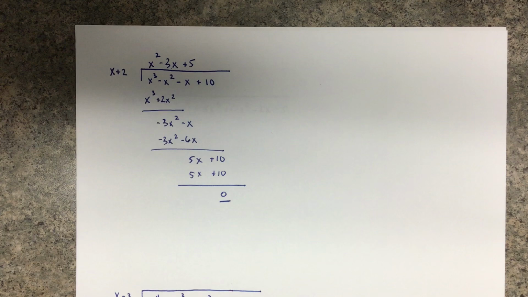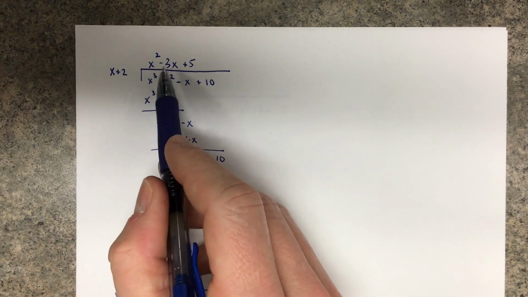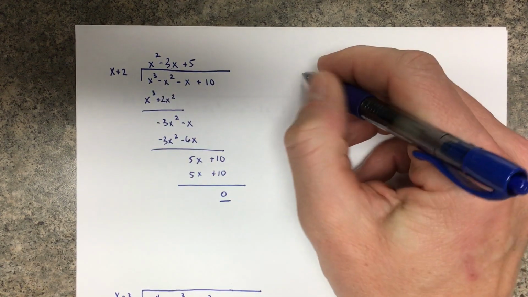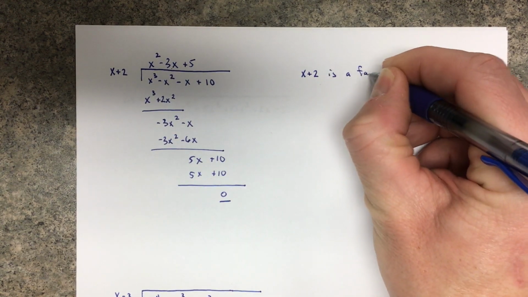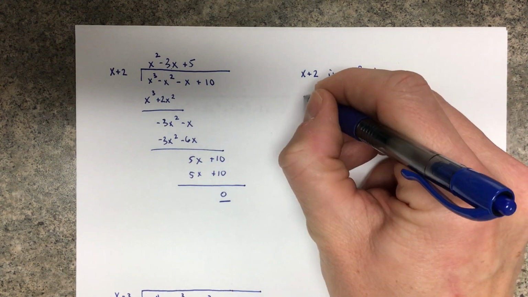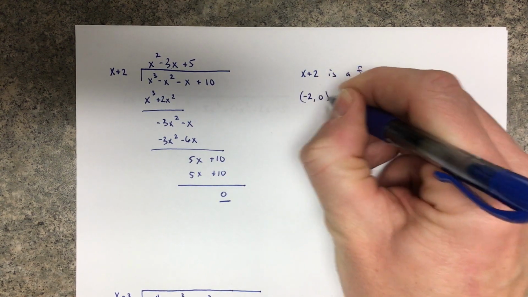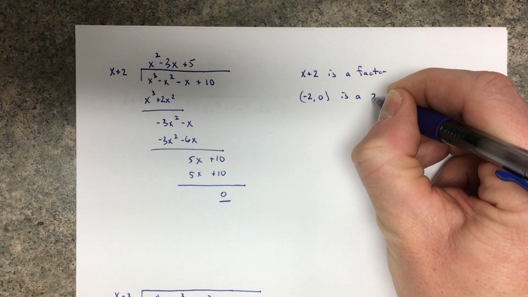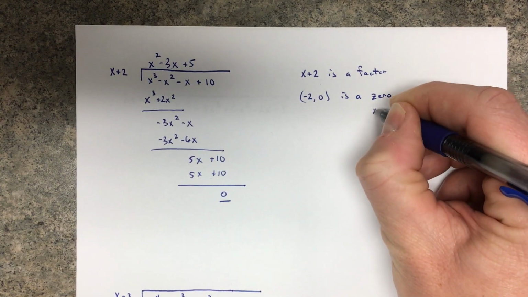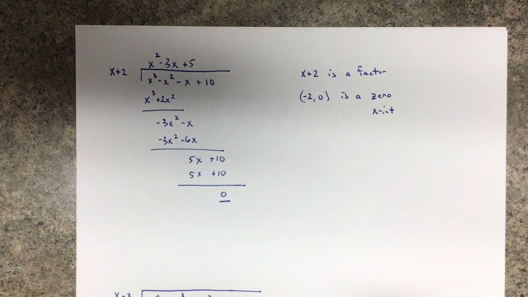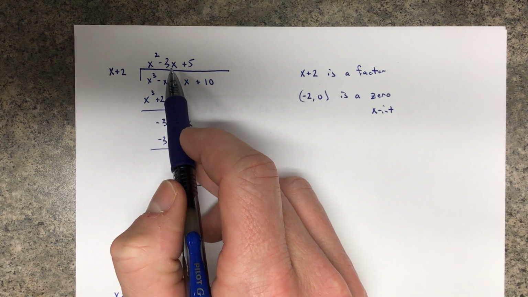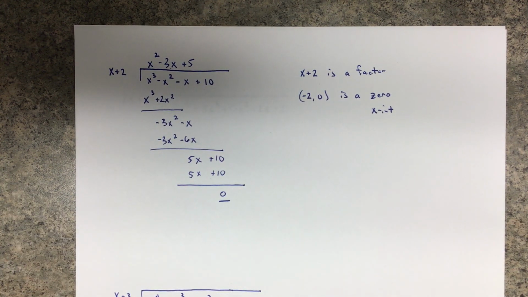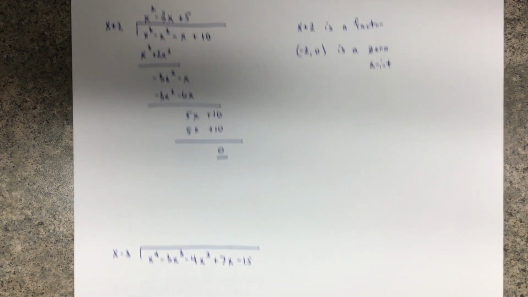And again, when we get 0, we have now shown that x plus 2 is a factor of this thing, which also meant that negative 2, 0 is a 0, which is the same thing as saying it's an x-intercept. Okay? And then if we wanted to, we could use the quadratic formula to continue to break that quadratic down into its other factors. Okay? All right, let's do some more.